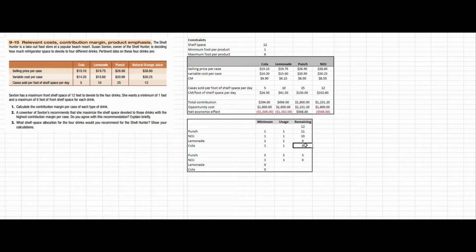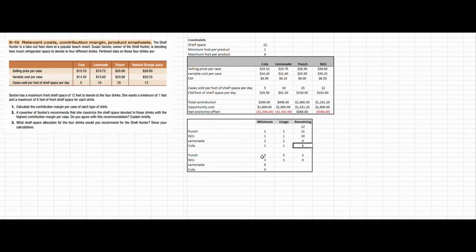Okay, with those remaining 8 feet, what can I do? Go to my second constraint there, maximum of 6 feet per product. Well, I know that my most desirable product is punch, so I would like to allocate as much of that remaining 8 square feet to punch as I can. However, I cannot allocate any more than 6 feet to any given product.